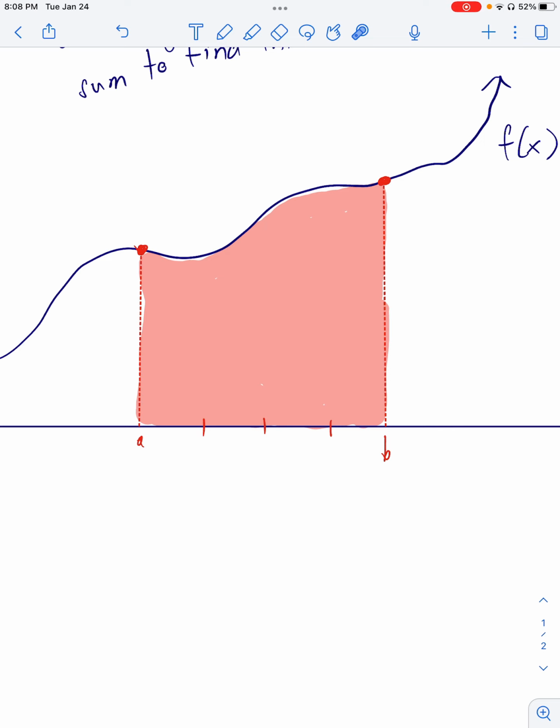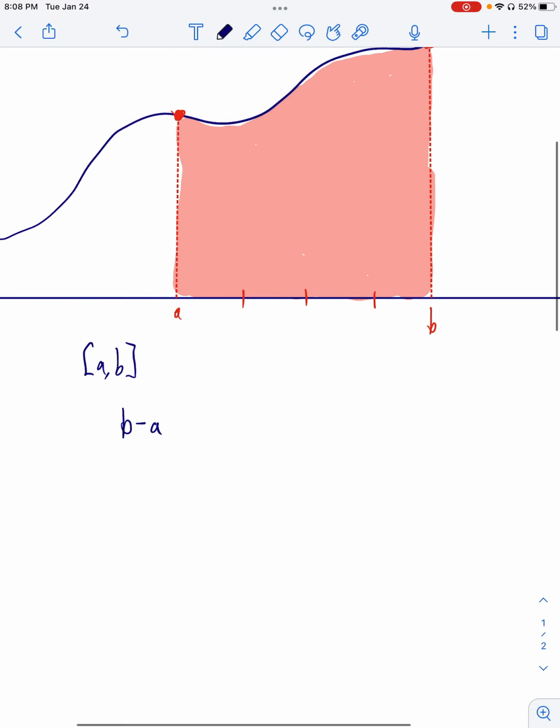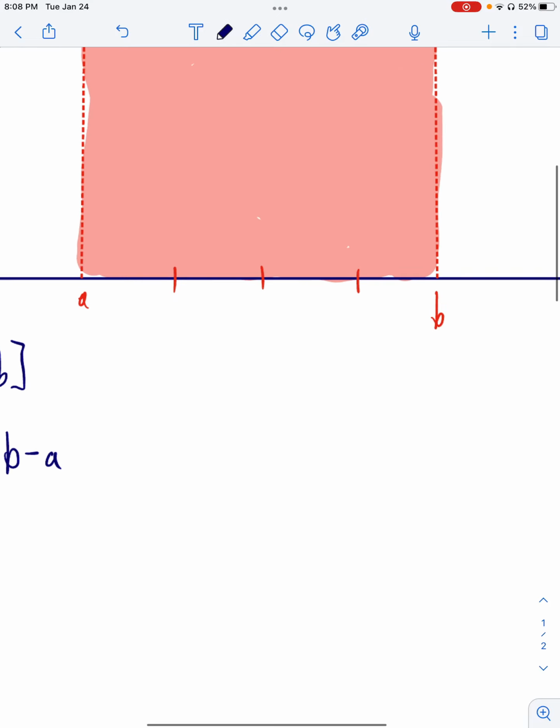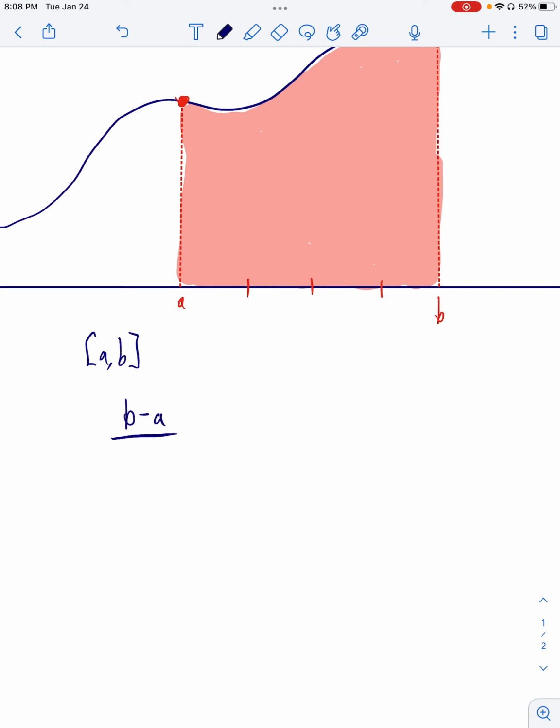So let's think about this. Our interval is from a to b, so the width of our entire interval is just b minus a. Since we have 4 subintervals, the width of each subinterval is going to be b minus a over 4.